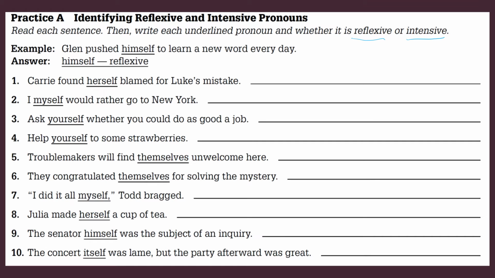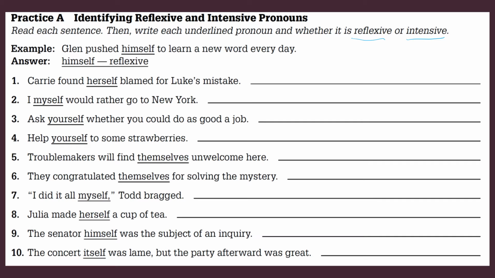I will write it down, dash, then I will ask myself, is it reflexive or intensive? In other words, does this pronoun direct the action of the verb toward the subject, or does it just add emphasis to the subject? In the case of directing the action of the verb toward the subject, then it is reflexive, and this is the case here in this example.